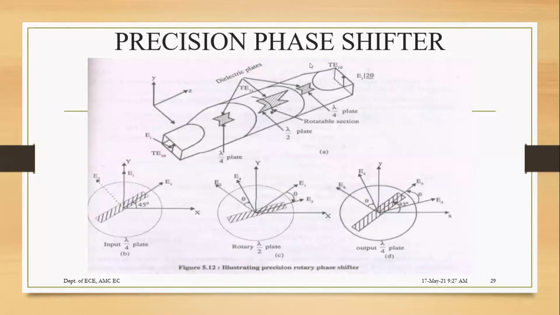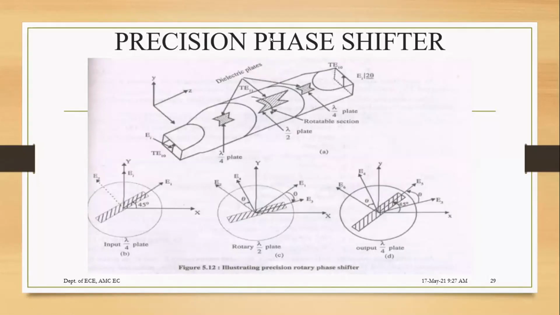So when you write E5, it is with respect to E3 cos theta, which is the horizontal component. The other will be E4 sin theta. Similarly, when you go for E6, it will be E4 cos theta minus E3 sin theta.